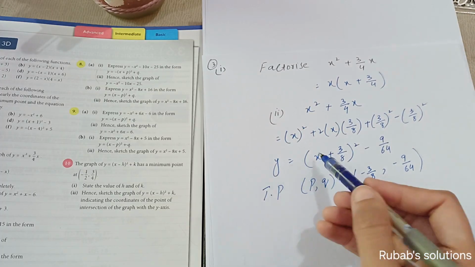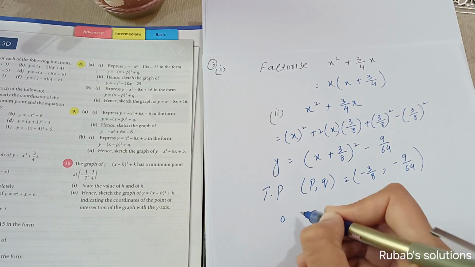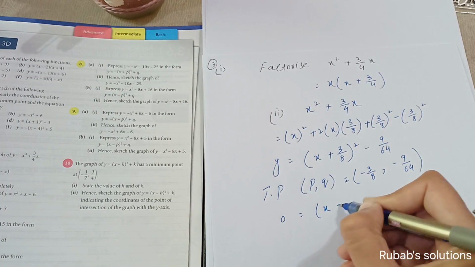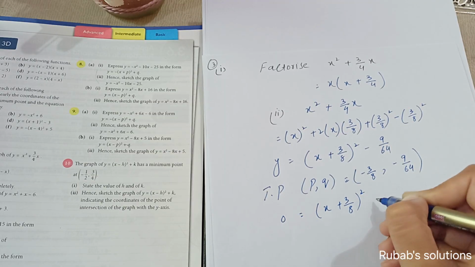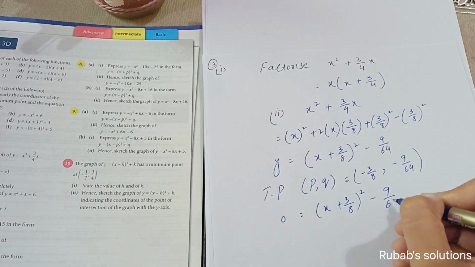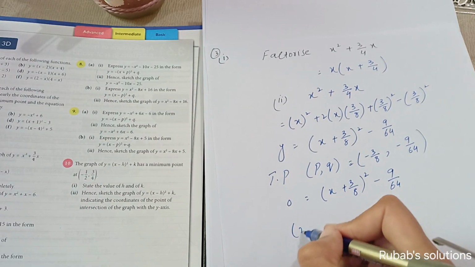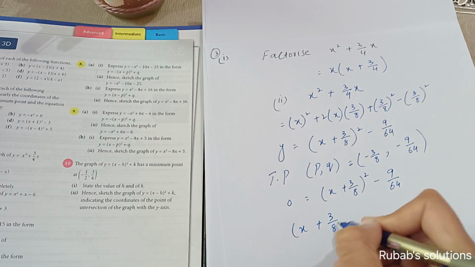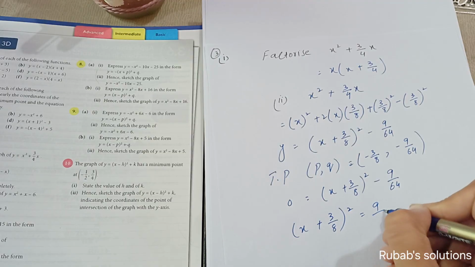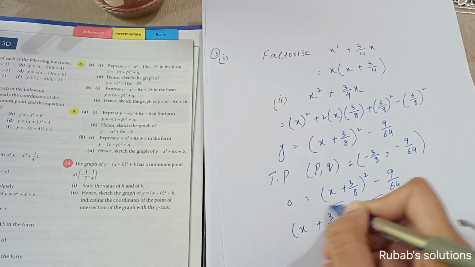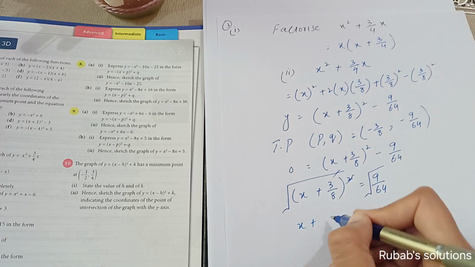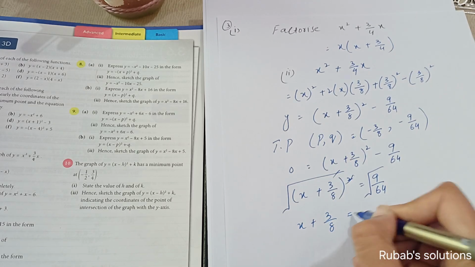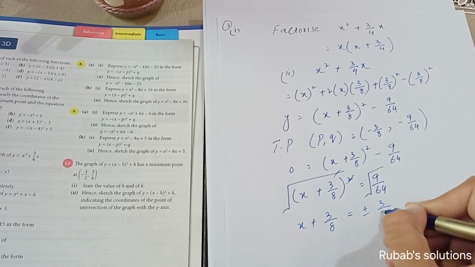Okay, for x, put y equal to 0. 0 will be equal to (x plus 3 by 8) whole square minus 9 by 64. This will shift to the other side, so it will become (x plus 3 by 8) whole square equal to 9 by 64. Taking the square root on both sides, x plus 3 by 8 is equal to plus minus 3 by 8.